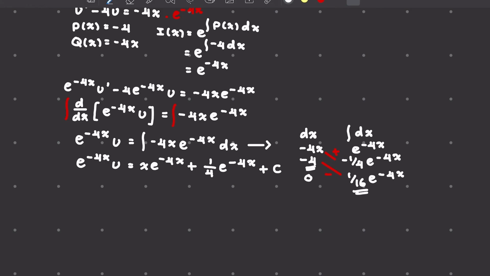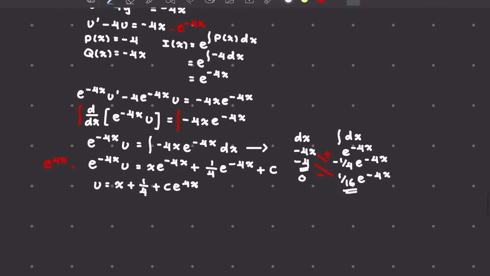And after this, let's multiply the whole equation by e to the 4x, because we want the e to the negative 4x on the left hand side to be gone, so this equation becomes u equals x times e to the negative 4x times e to the 4x. It will cross out the e's, which only gives us the x, plus 1 over 4, which also crosses out the e's, plus c e to the 4x.